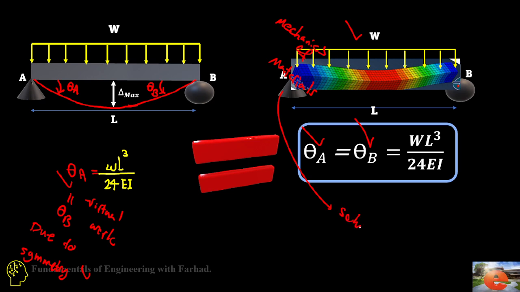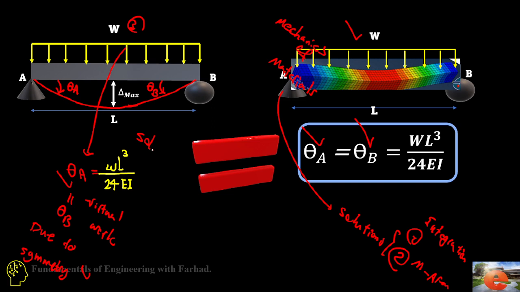Solutions 1 and 2 are the integration and moment area methods, and the last one, theta A, comes from the solution of structural analysis with the help of virtual work.